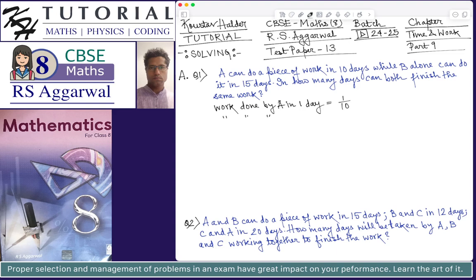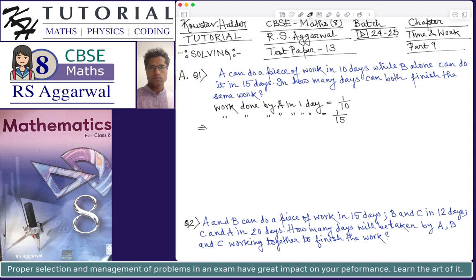Similarly, work done by B in 1 day is equal to 1 by 15. The real meaning of the work done by A in 1 day being 1 by 10 is that A can complete 1 by 10th part of the whole work in 1 day. Similarly, B can complete 1 by 15th part of the whole work in 1 day.